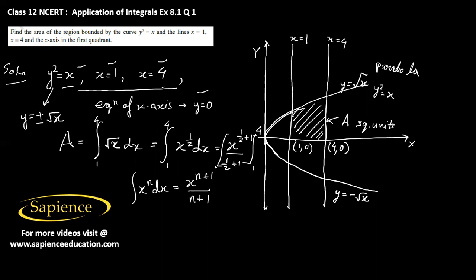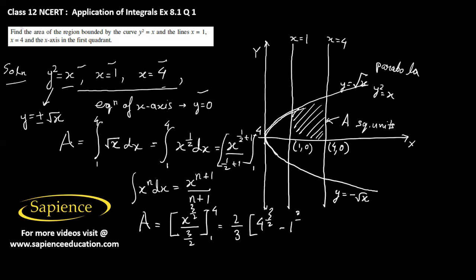Therefore A will be equal to x power 3 by 2 divided by 3 by 2, with lower limit 1 and upper limit 4. Now I can take 2 by 3 outside as common, and it will be 4 power 3 by 2 minus 1 power 3 by 2, if we put the limits.